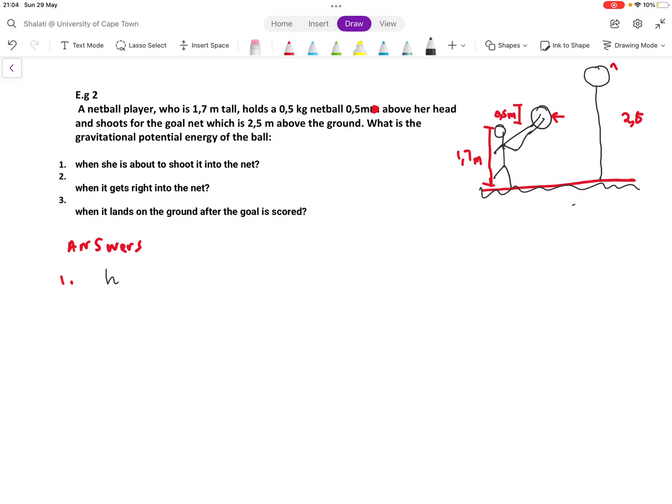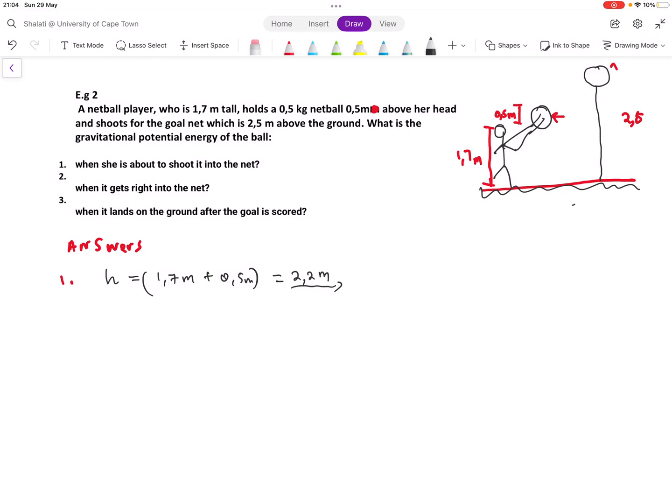We have a height of 1.7 meters plus a height of 0.5 meters, which is a total height of 2.2 meters. That's where the ball is currently. So don't just calculate. First think, where am I at this moment, since this information is critical.